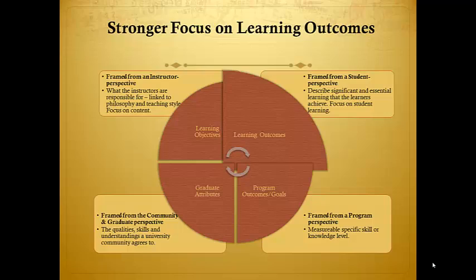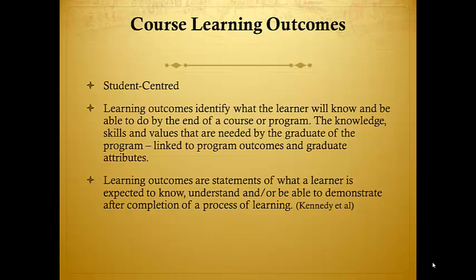Now, if you have a stronger focus on learning outcomes, you're framing it from a student perspective, and it describes significant and essential learning that the learners achieved, and it's focused on student learning. It's student-centered. Learning outcomes identify what the learner will know and be able to do by the end of a course or program.